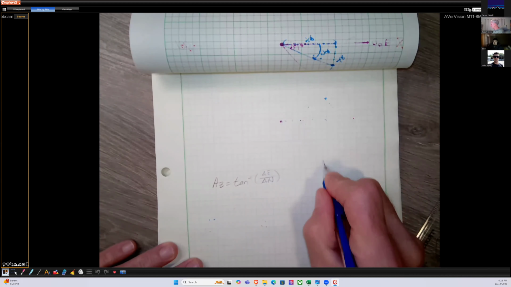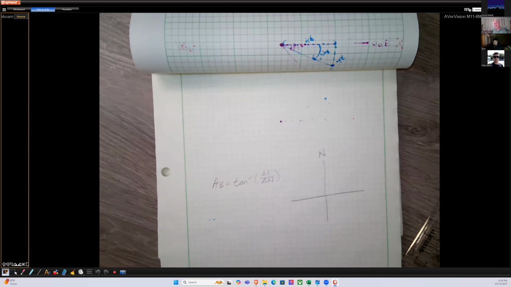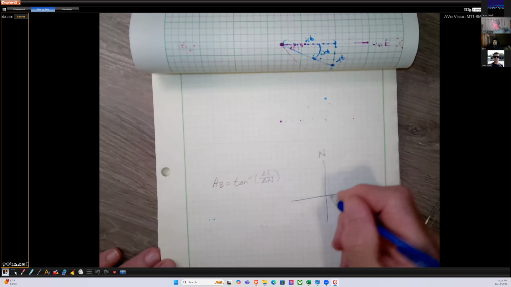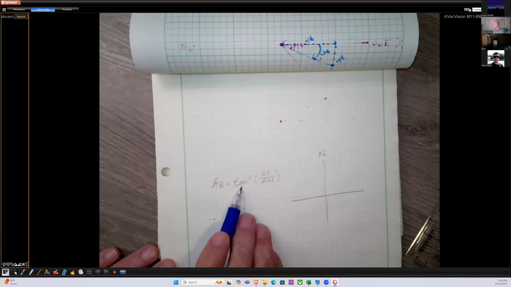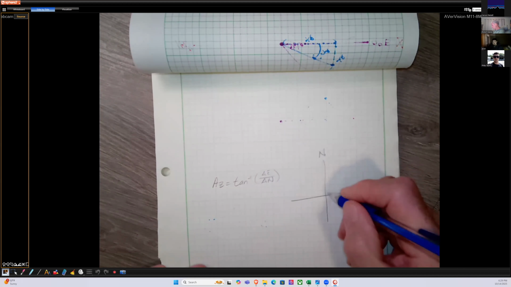This is just sort of a review of how this works. If I'm looking at the north, what angle is the arctan returning? 0 to 90, northeast.